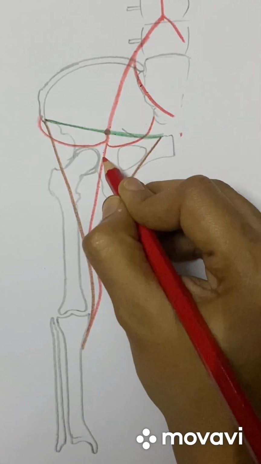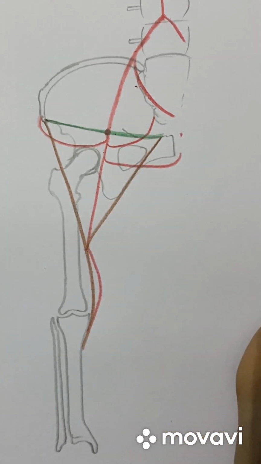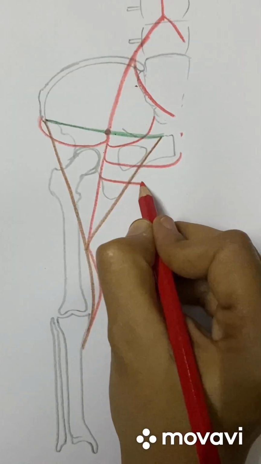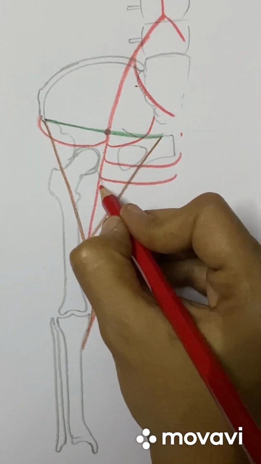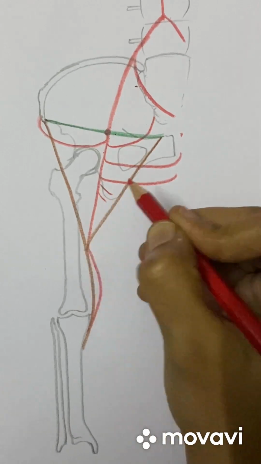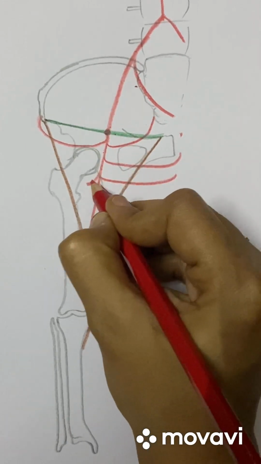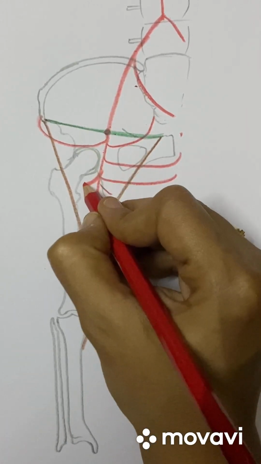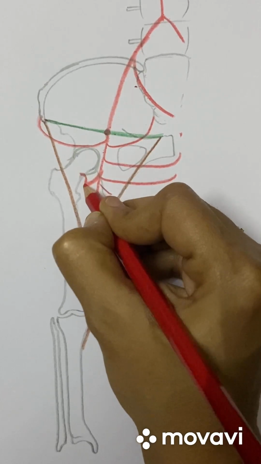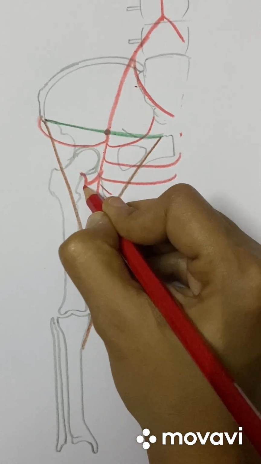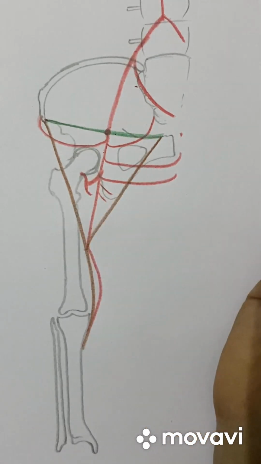So what are the branches of femoral artery? It has three superficial branches and it has three deep branches. We can see this main artery is profunda femoris, which divides into lateral and medial circumflex artery.